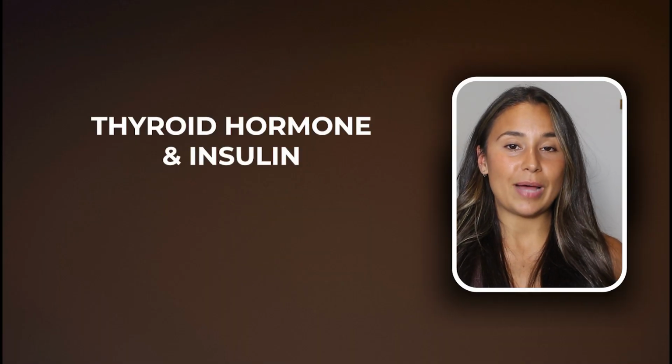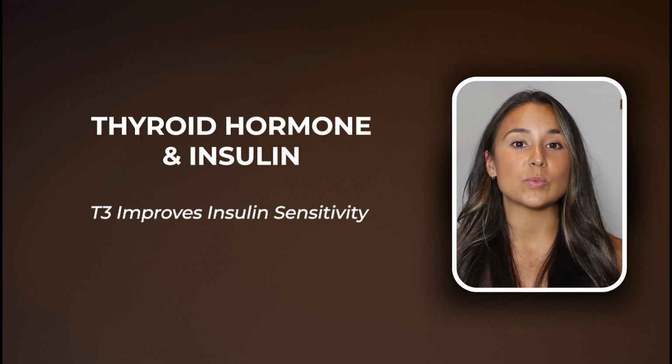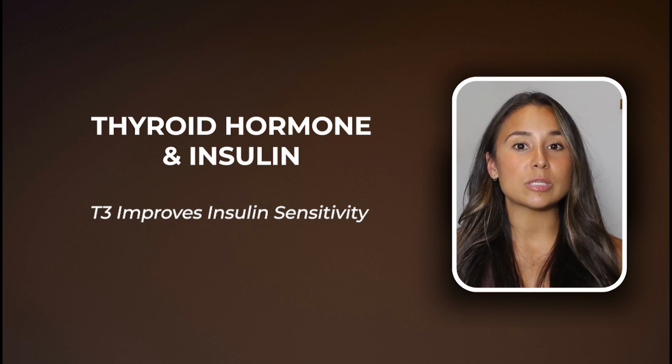Another way the thyroid impacts glucose control is through the hormone insulin. Insulin is a hormone that is released from our pancreas in response to glucose excursions. The role of insulin is to make sure that we're able to get that glucose out of the bloodstream and bring it into the cells and some tissues that are dependent on glucose, such as our liver and muscle cells and our brain cells.